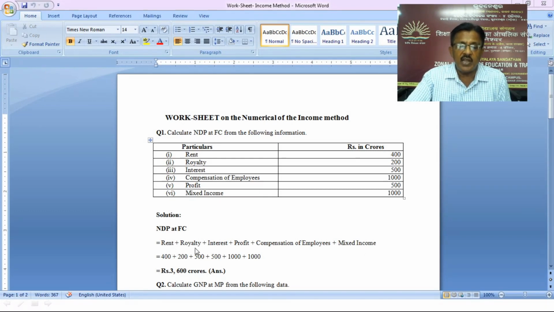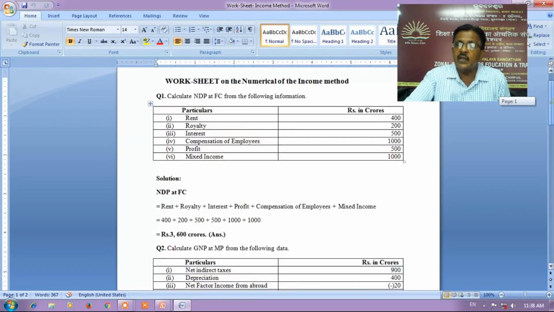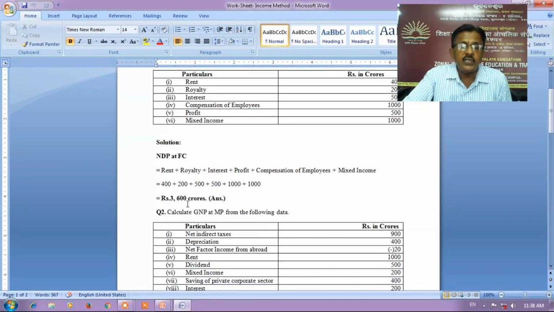So this is given in bifurcation, so accordingly you have to take 400 plus 200 plus 400 plus 200, that is royalty, interest is 500, profit is 500, and compensation of employees is 1000, and mixed income is 1000. So you have to add all this. Then the NDP at factor cost is rupees 3600 crore.